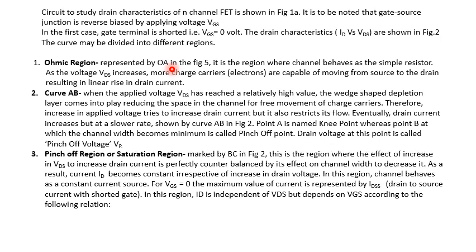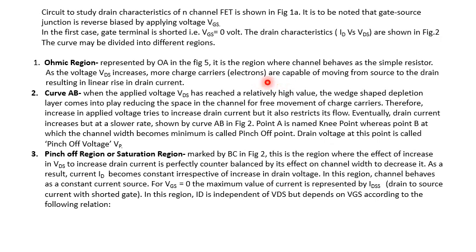We know that inside a FET there exists a depletion layer, and the width of the depletion layer depends upon the reverse bias applied between the gate and source, and also on the voltage applied between drain and source.